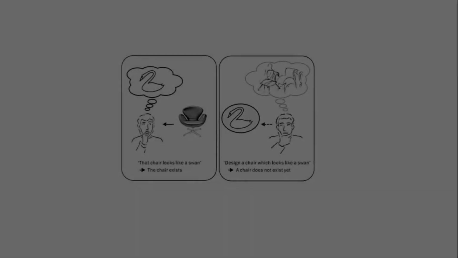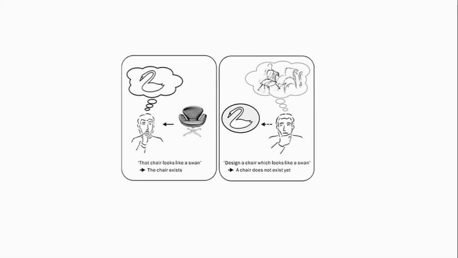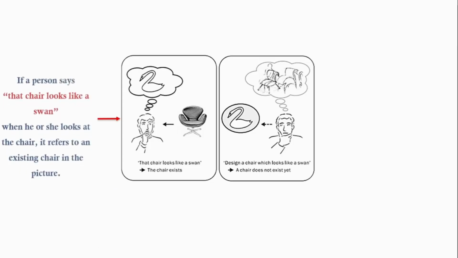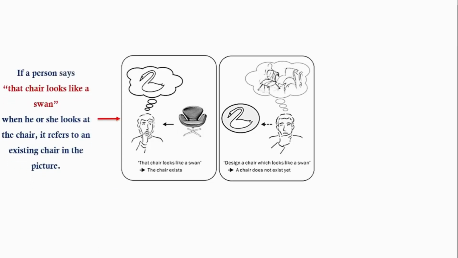Now comes the picture here. Okay, so you can see two pictures here, the right hand side picture and the left hand side picture. So let's try to understand what this picture is trying to teach us. We'll start with one saying, what is happening. The person on the left hand side is saying that the chair looks like a swan.